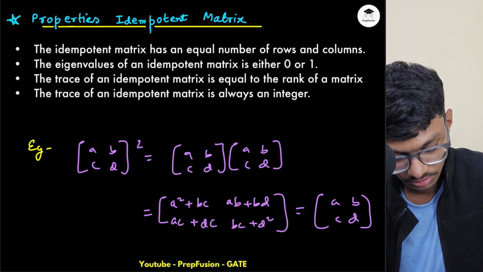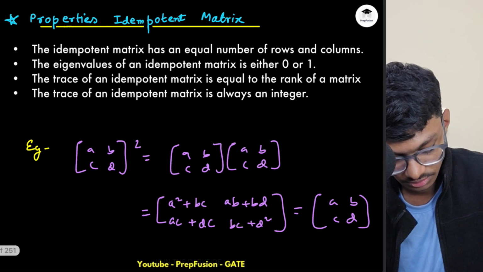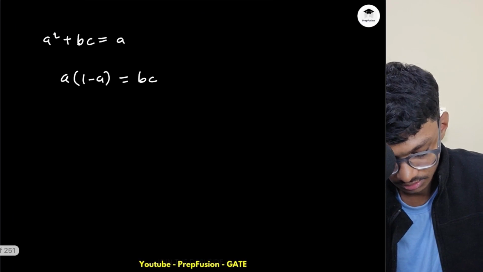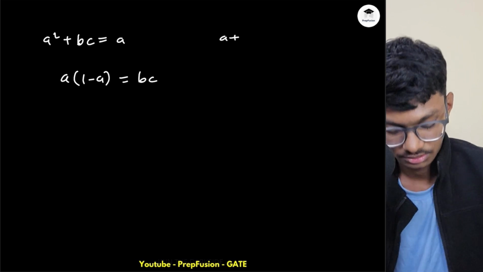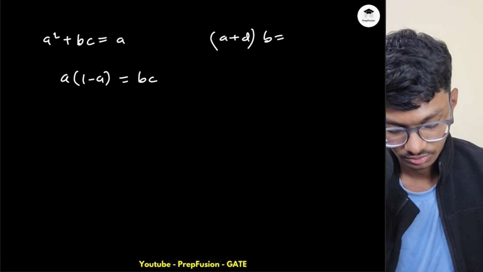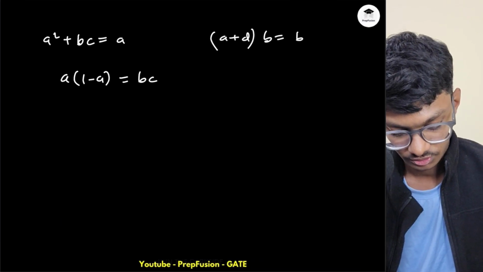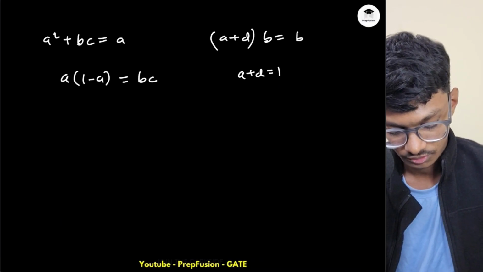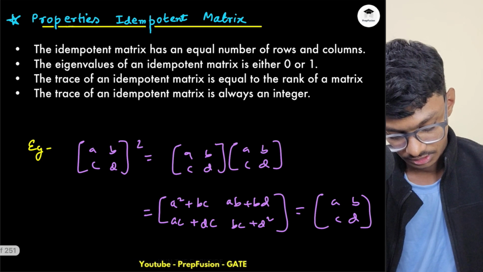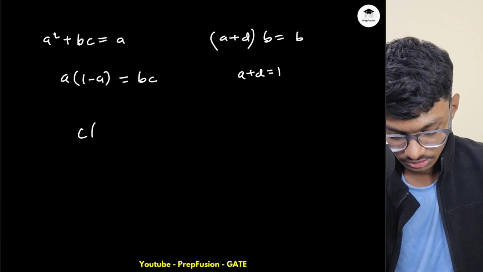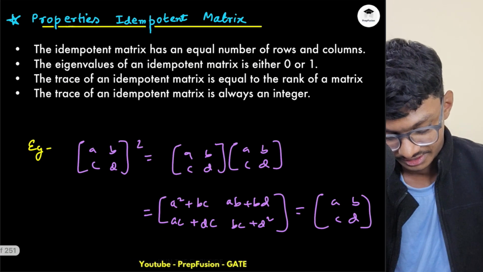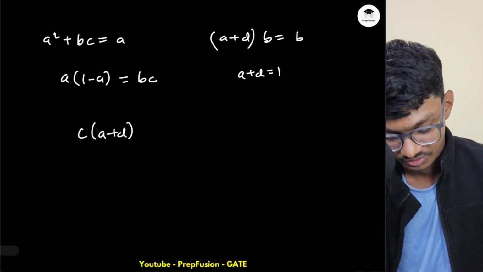Then (a plus d) into b equals b, hence a plus d equals 1. So this is one relationship. And next is ac: c into (a plus d) equals c, we get back the same relationship, a plus d equals 1 itself.